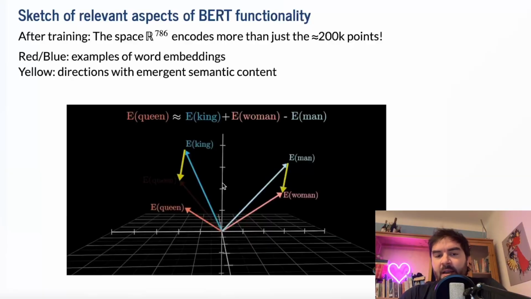You can think of it as there being a sensible direction that represents this component, this feminization. And even if we have a vocabulary of only like 200,000 words, this latent vector space, this abstract vector space, has more points that are relevant information, or more directions with which to encode things like the mouse being frightened.